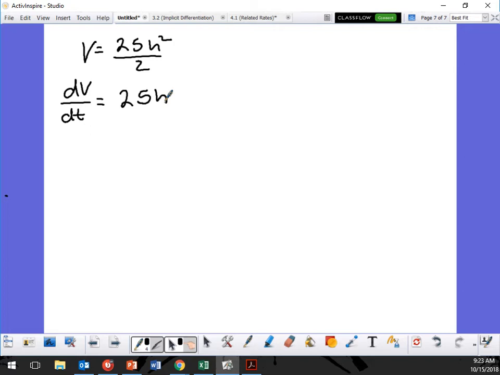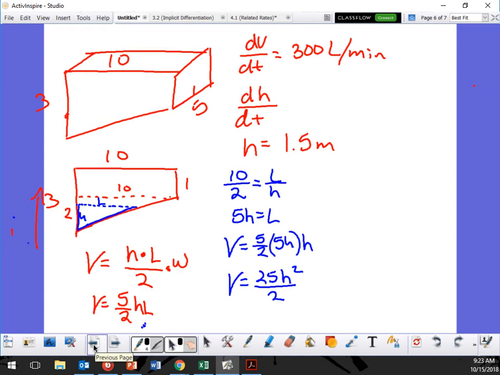What is it? dh/dt, right? Okay, so now what value am I trying to find again? What am I trying to find from this? dh/dt, right? Since I'm trying to find dh/dt, I need to work it backwards, don't I?